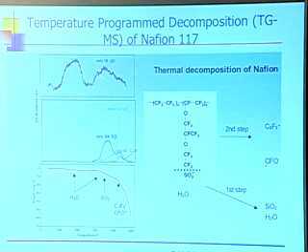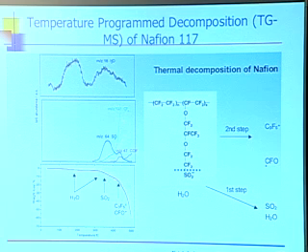But you will notice that, concomitant, at the same temperatures as this is coming off, you see this mass 64 material coming off, which has a mass which is SO2. So if we take those two peaks together, that's sulfonic acid. So we see sulfonic acid falls apart in the gas phase, and we get these two signatures. So a mass 18 and a mass 64 that are right on top of each other means that you have sulfonic acid. So we're cleaving the sulfonic acid groups off the membrane at that point.